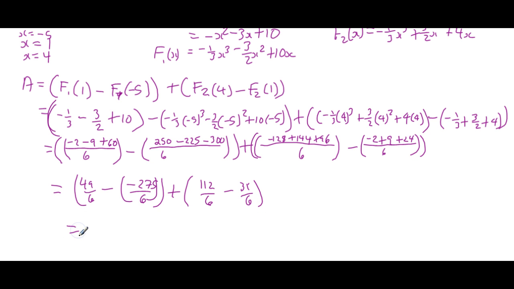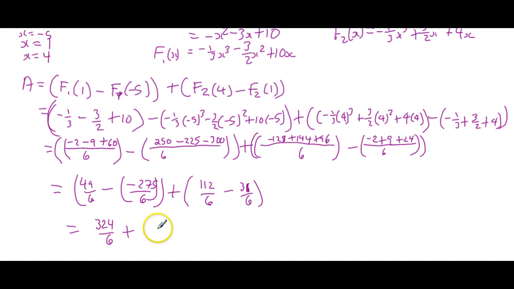Okay. So we've got 49 plus 275, so 50 would give us 325, so 324 over 6, plus we've got 112. Wait a second, that's a 31, right? 731, yeah.